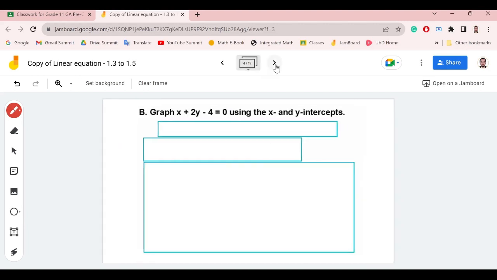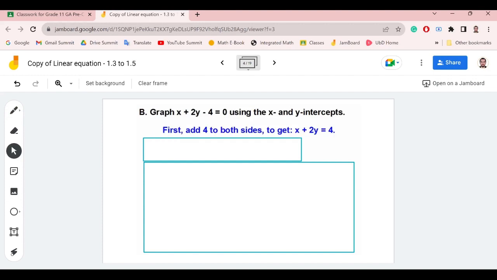Okay, let's go next. Now first let's graph x plus 2y minus 4 equals 0 using the x and y intercepts. How can we graph this function using the x and y intercepts? First, add 4 to both sides to get x plus 2y equals 4. Then we need to let x be 0 and solve for y.